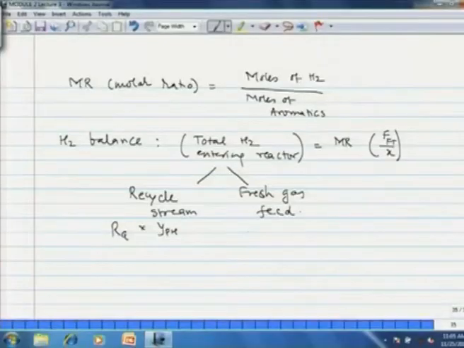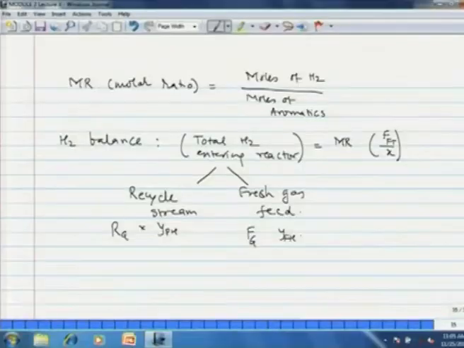Let us say the fresh gas feed rate is Fg, the total molar flow, and YFH be the mole fraction of hydrogen in the fresh gas. Now we have specified earlier that the fresh gas comprises of 95% hydrogen and impurity of 5% methane.